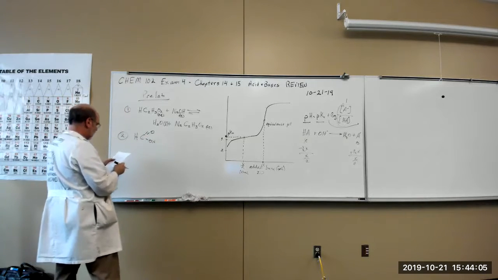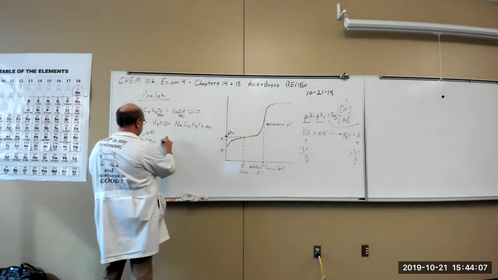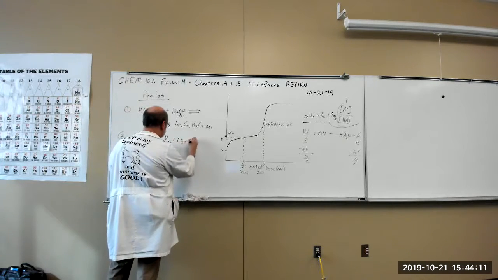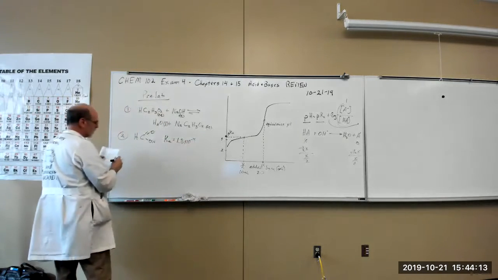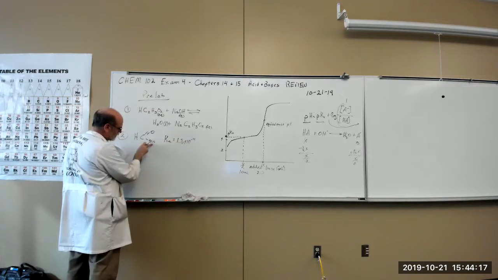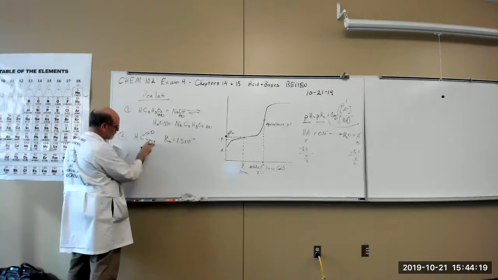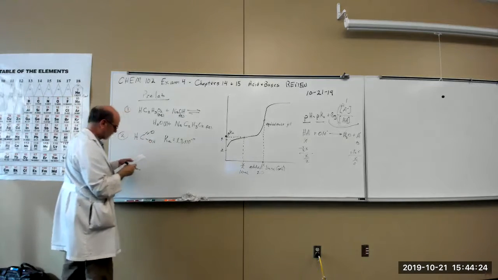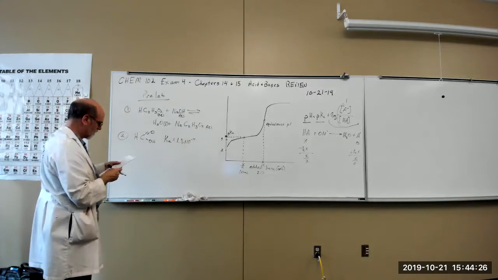Now, you don't need to know that to answer the question. The Ka is 1.8 times 10 to the minus 4 for formic acid. So actually, this is the proton that is released from formic acid right here. Not that one, this one. Just a point of information.